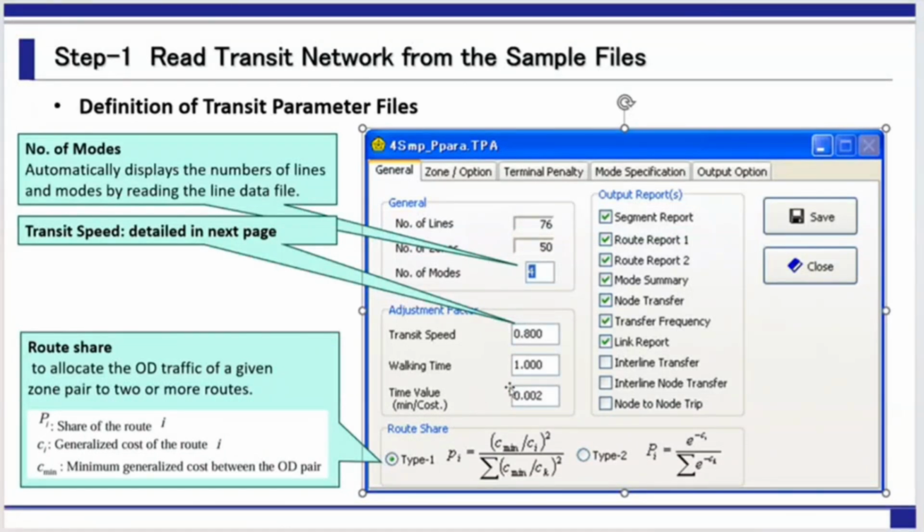For example, if there is some OD pair from zone A to zone B, according to the transit network there are 4 to 5 pathways which can be accessed from zone A to zone B. In that case, the share of each route must be specified in the following formula using the generalized cost of the route and the minimum generalized cost between zone A and zone B.